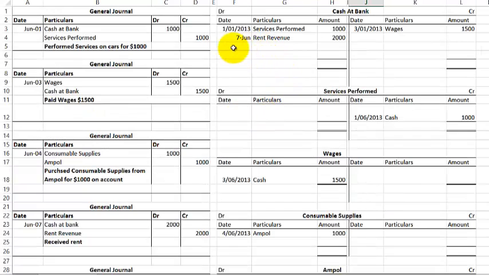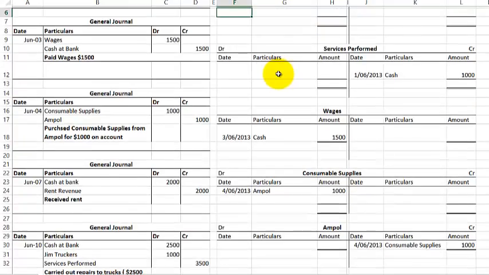There we are. The 10th was for services performed, and it was for $2,500. So we've put the debit to the cash at bank account.